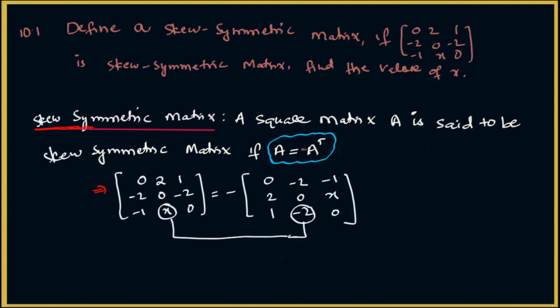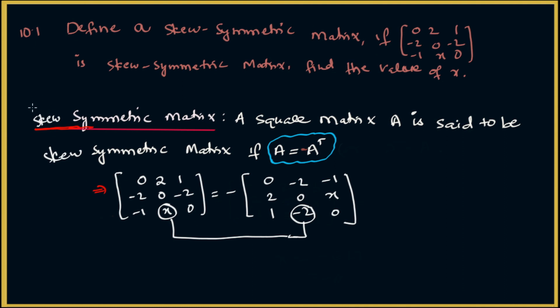Next, question number 10. Define a skew symmetric matrix. If 0, 2, 1, minus 2, 0, minus 2, minus 1, x, 0 is a skew symmetric matrix, find the value of x. So first write down the definition of a skew symmetric matrix.